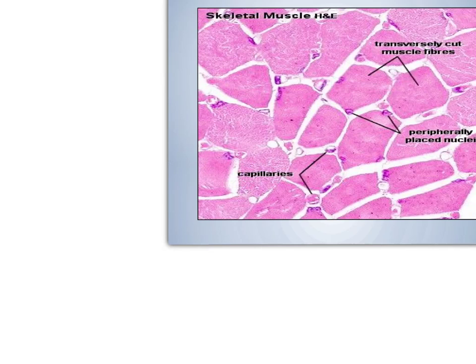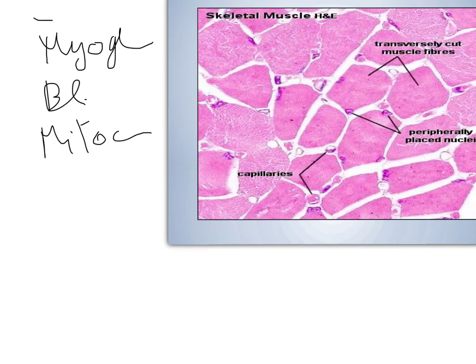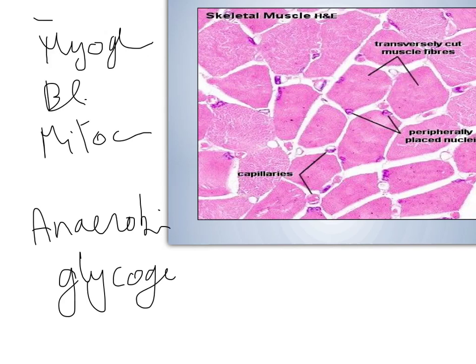The white fibers are contrary to the red because they are poor in myoglobin, poor in blood supply, poor in mitochondria, and they are responsible for anaerobic respiration, and accordingly they have a big store of glycogen which can be used in this type of respiration.